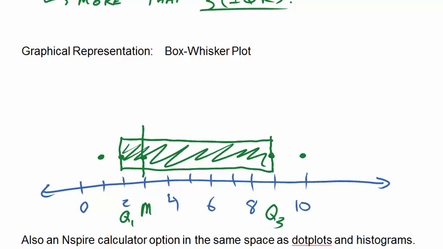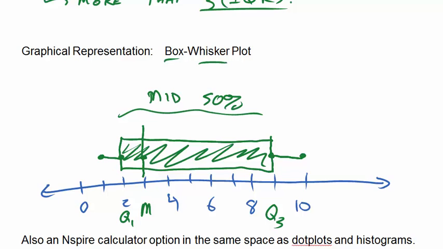And then from the edges of the box, draw lines out to your high and your low point. And those are our whiskers. So this is sort of a box holding the middle 50% of the data. And the whiskers sort of show the extreme 25, the low 25% and the high 25% of the data.